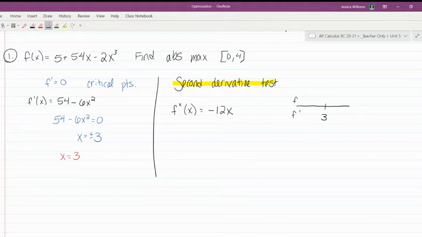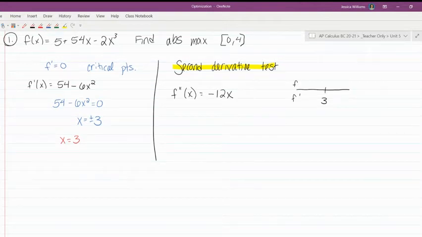If you're not liking the number line, or if you don't want to, then you have this option now. So what we're going to do is take our critical point and put it into our second derivative. So our second derivative at 3, I don't even care what the value is. It's negative 36, but that's not important. I care that it's negative. So here's what you've got. You have a place where your derivative levels out, so your slope levels out.